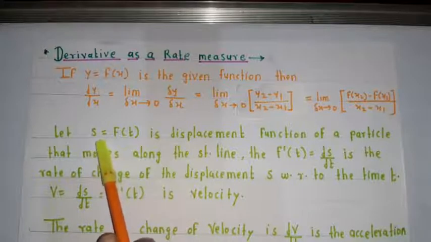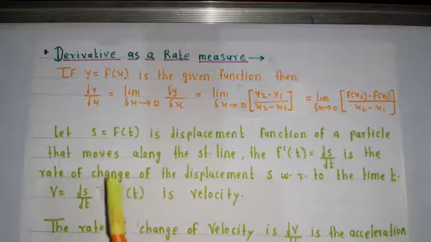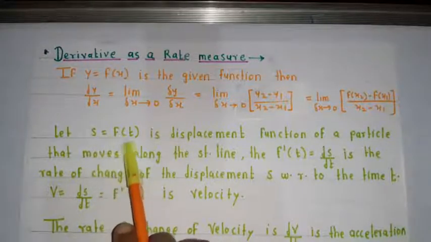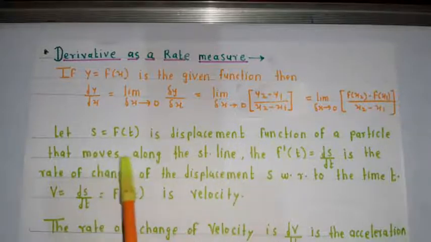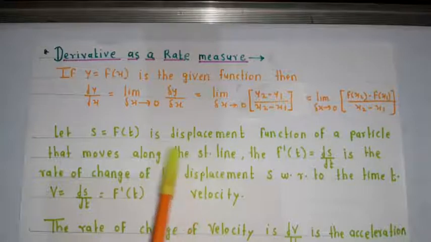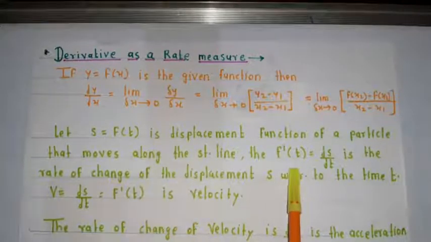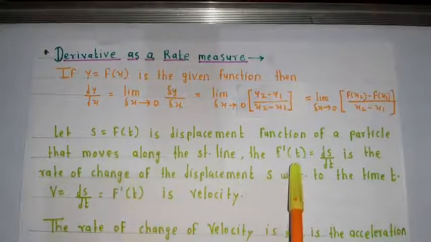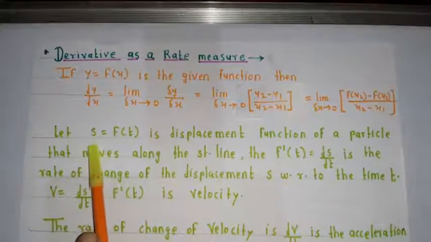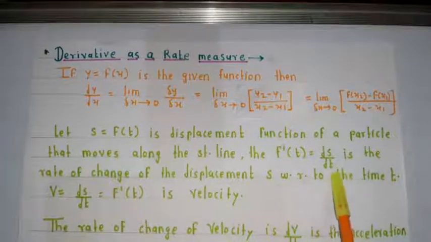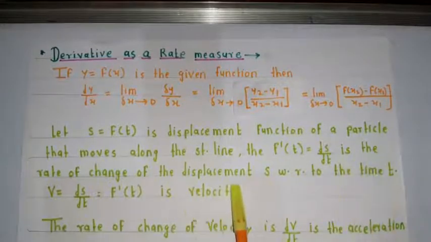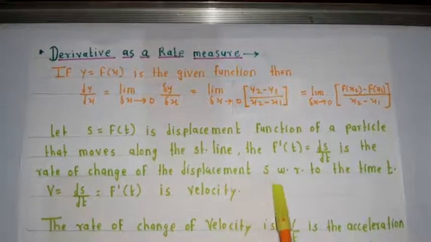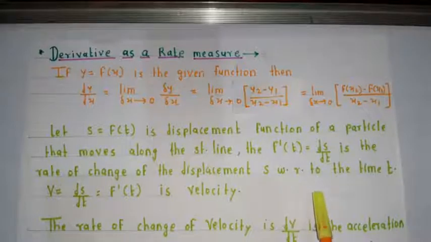S is the displacement, and s equal to f of t is the displacement function of a particle that moves along a straight line. Therefore f dash of t means differentiation of s with respect to t, that is ds by dt, which indicates the rate of change of displacement, and the rate of change of displacement is nothing but the velocity, that we know students.